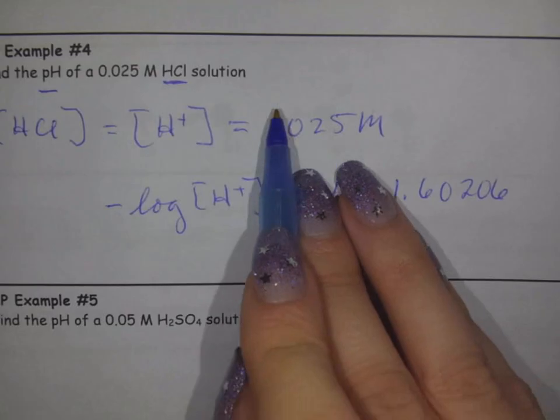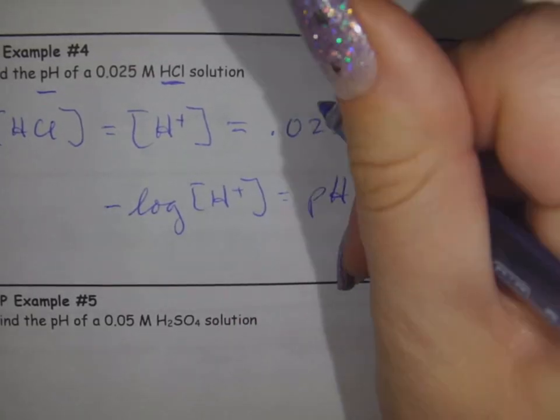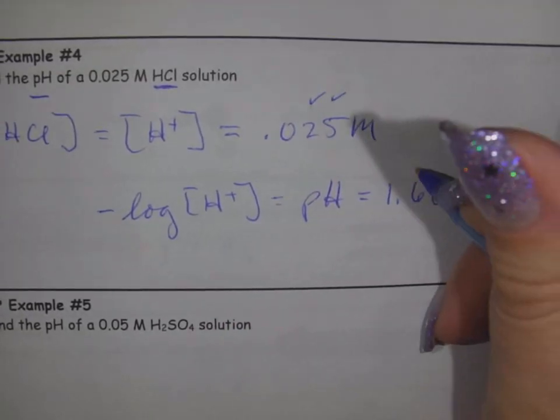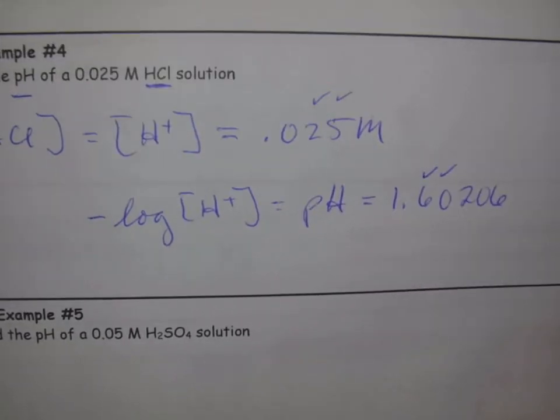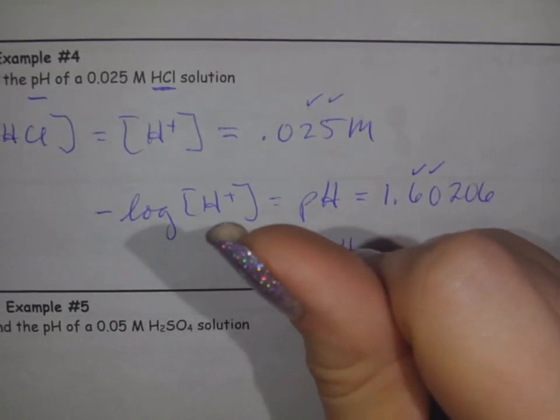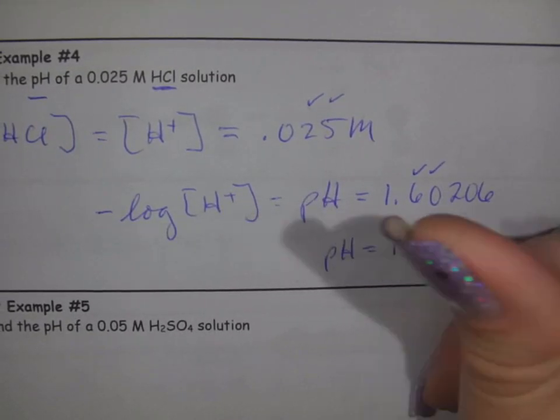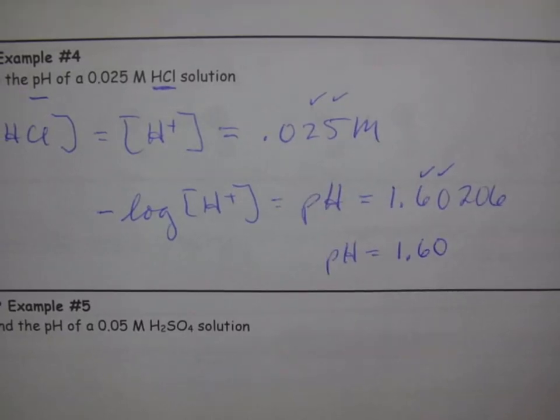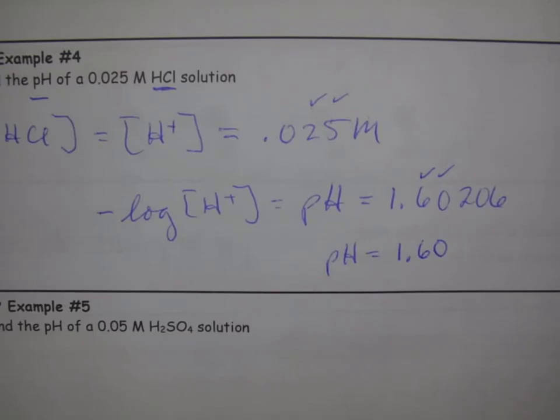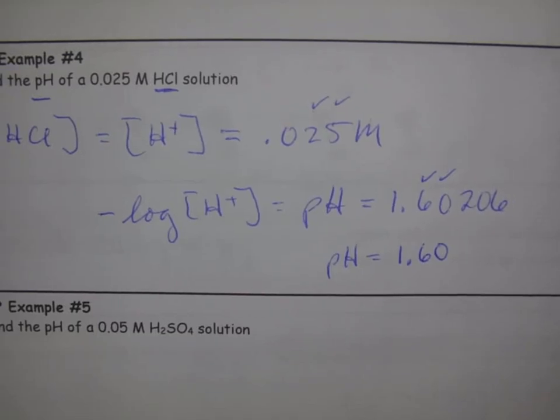So that means that our concentration was 2 sig figs, so our answer has to be 2 sig figs. So my final answer is 1.60.